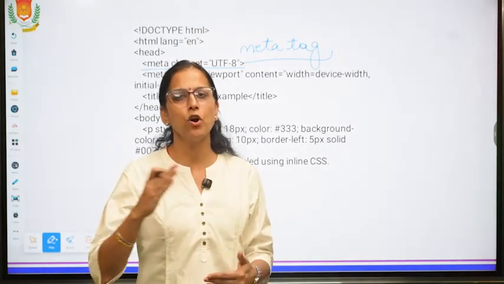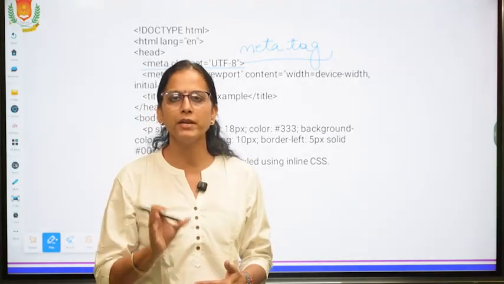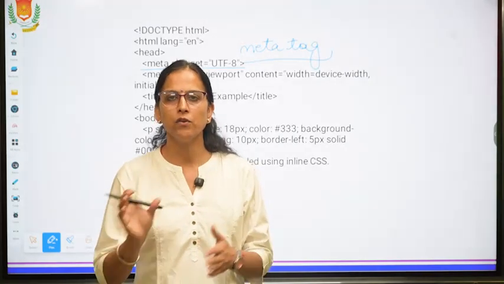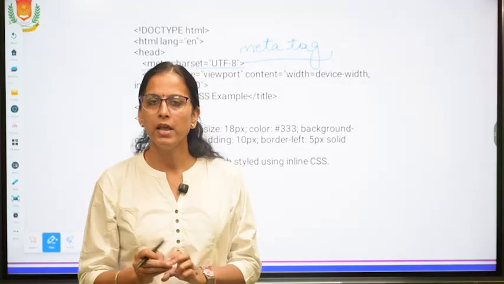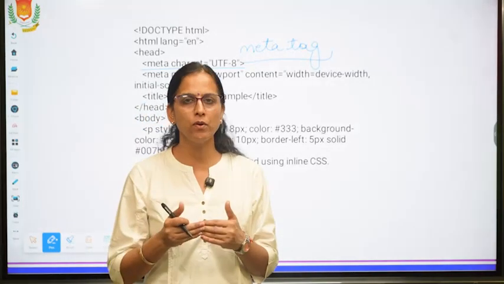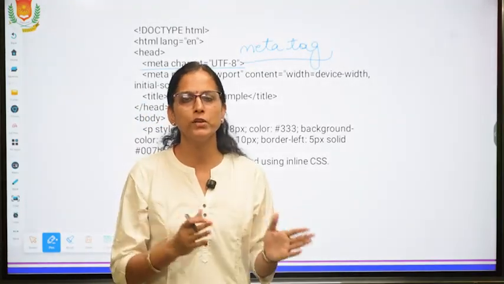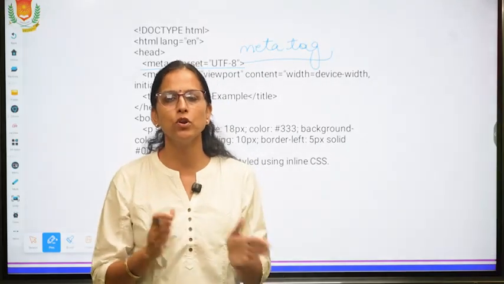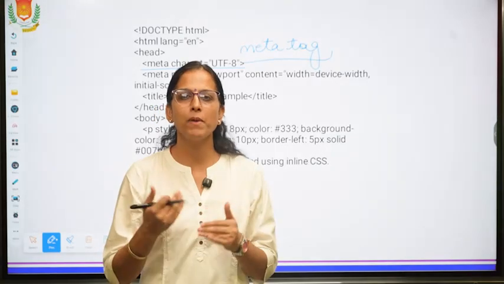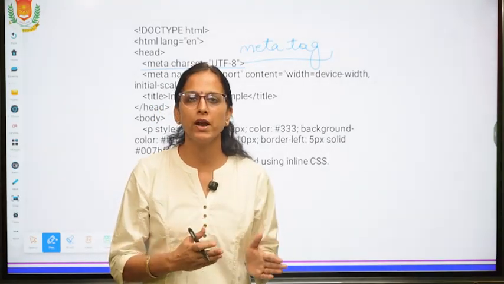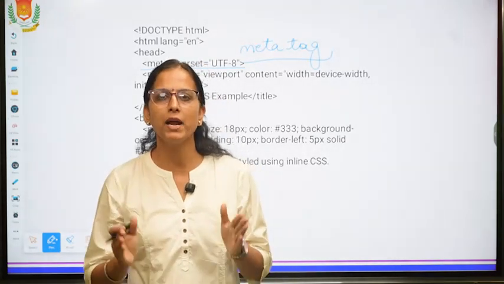Information of information. Website is actually a collection of information on the internet. Now, about my information I need to tell, so it will be called information of information. So information about my website can be defined with the help of meta tags.